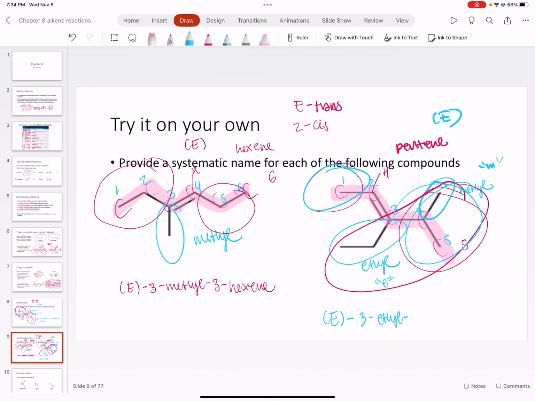And then we only have one methyl substituent, which is on carbon number 4, so it's 4-methyl.